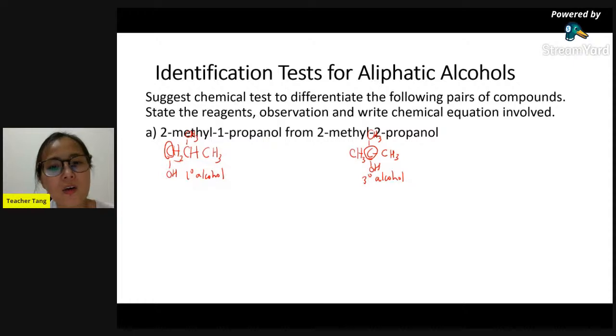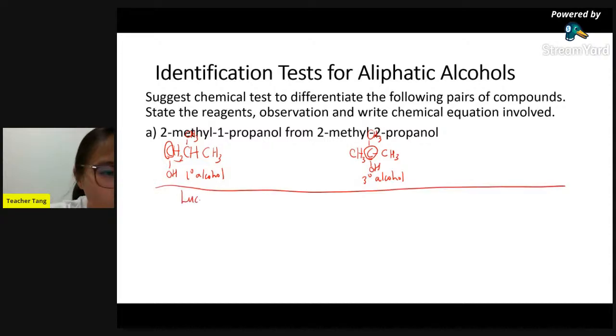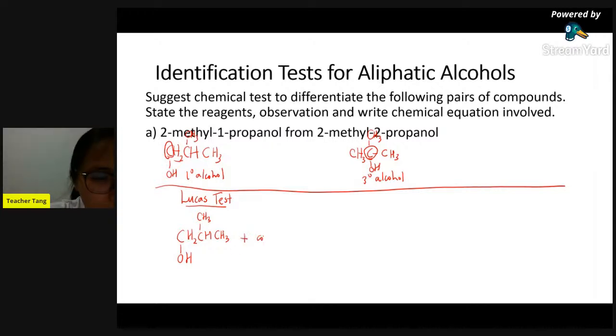So if they are different classes of alcohol, what is the chemical test that we can use to differentiate them? So Lucas test. First, you have to write the chemical test, Lucas test. Then for the Lucas test, we need to use the reagent. So what reagent can we use? Remember, for the Lucas test, the reagent is concentrated HCl with zinc chloride. And then what is happening is a substitution reaction.